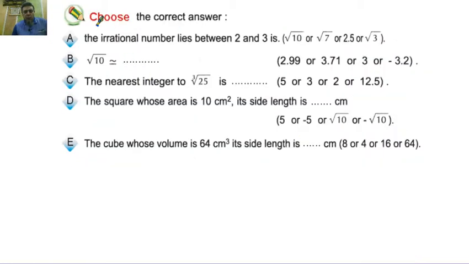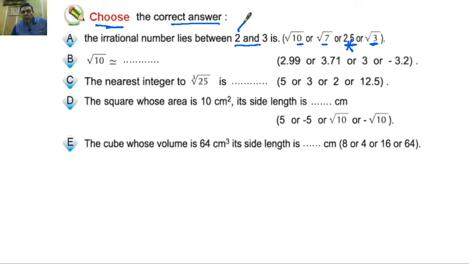The last question in this lesson: choose the correct answer. The irrational number lies between 2 and 3. This number is irrational. The choices are square root 3, square root 7, and square root 10.